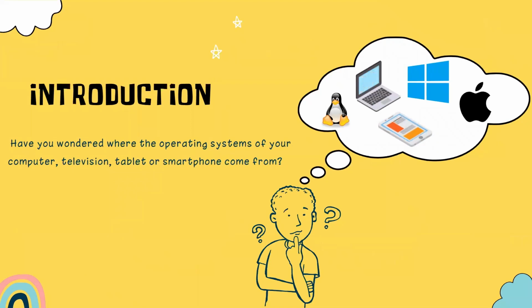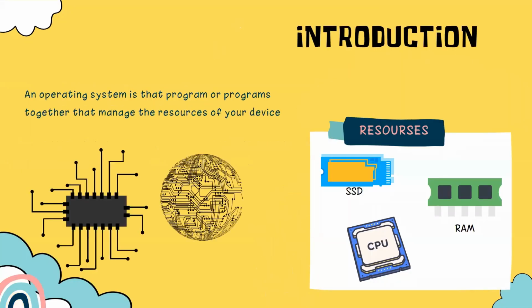Now, for the introduction to Unix, we can ask: have you wondered where the operating systems of your computer, television, tablet, or smartphone come from? Many people can't respond to this question, but in this presentation we can find the answer.